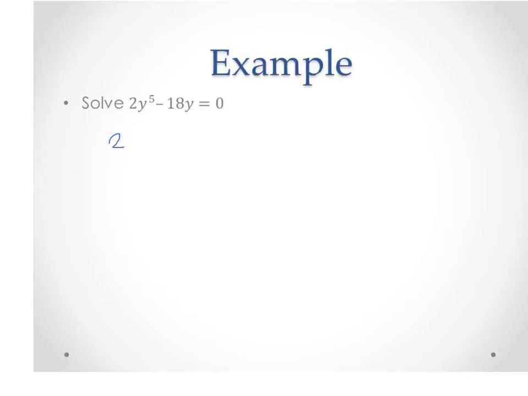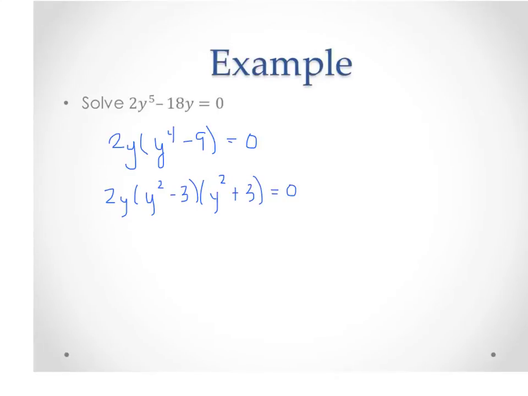So if we pull out a 2y, we are left with y to the 4th minus 9. Well, what is y to the 4th minus 9? It's a difference of squares. So we have 2y times y squared minus 3 times y squared plus 3 equals 0. Alright, so that's as factored as we get it.